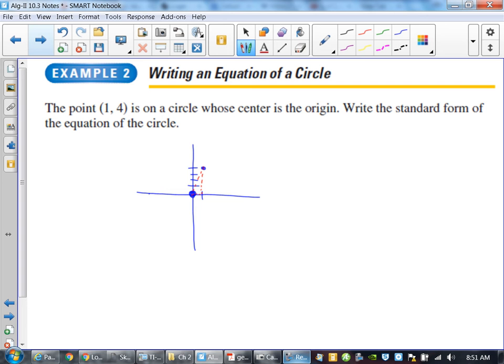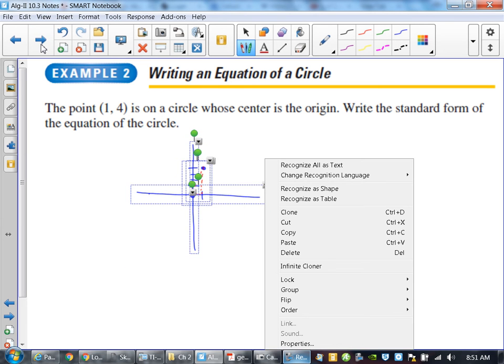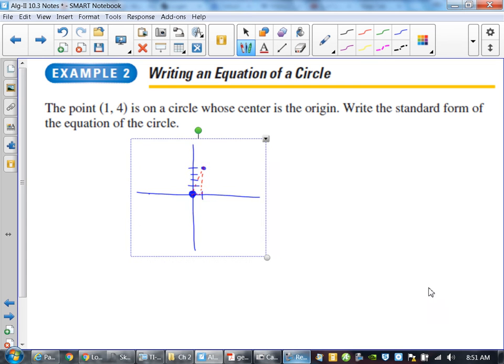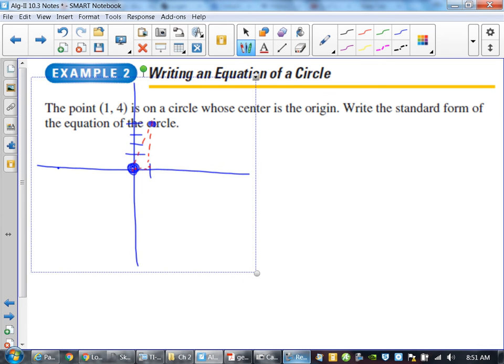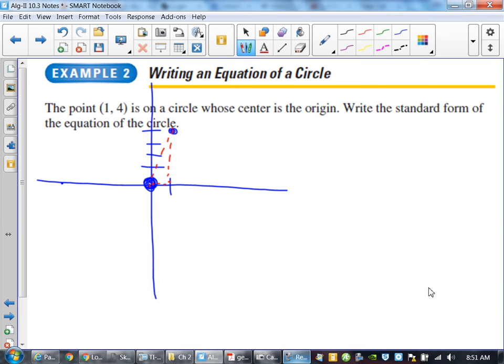Horizontal change in x, vertical change in y. You didn't notice that? Yeah, that's all it is. And that's a good question. Whenever we do Pythagorean theorem, so 1 squared plus 4 squared. The horizontal distance and change there is the distance between 0 and 1. 1.